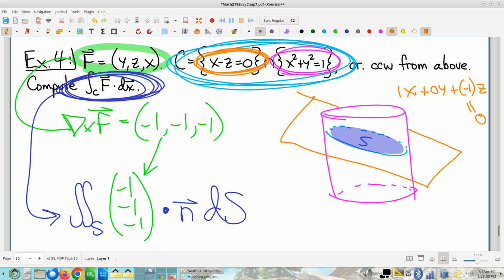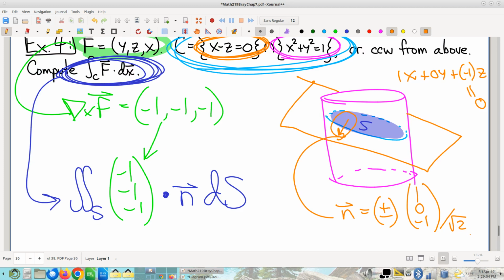What I can write down for free is that the normal vector here, just for artistic convenience, I'm going to draw it downward. That normal vector is plus or minus, with unknown orientation I haven't worked out yet, 1, 0, negative 1 from the geometry of that plane, normalized by dividing by the square root of 2.